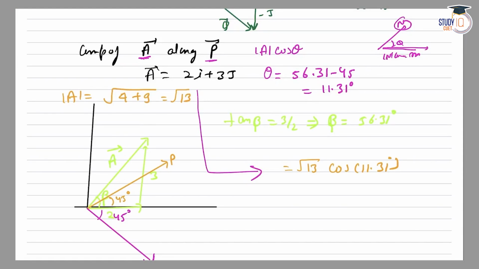Putting the value of cos 11.31 degrees, we get root 13 into 0.9806.